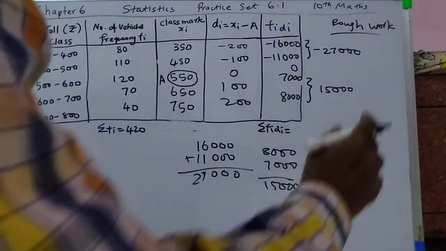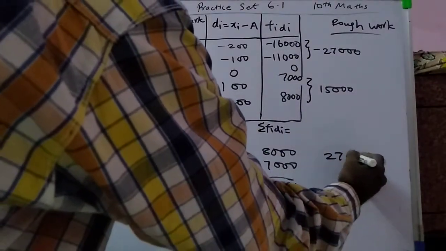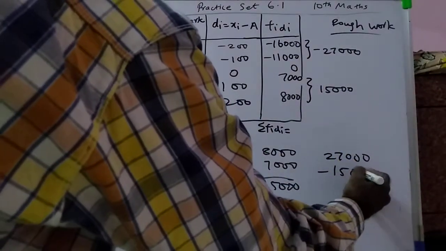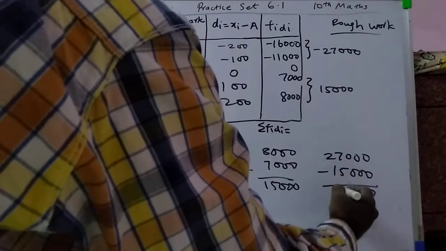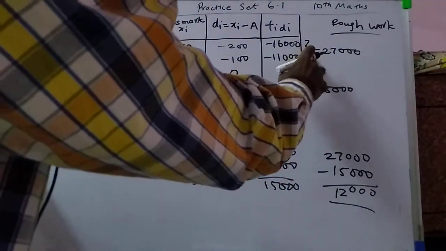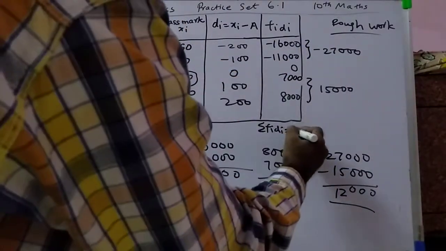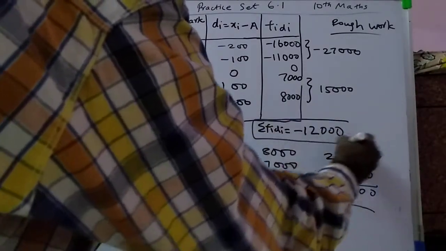Now we have to subtract it with minus plus, so that's why 2700 minus 15000, and because minus is there, so minus 12000.